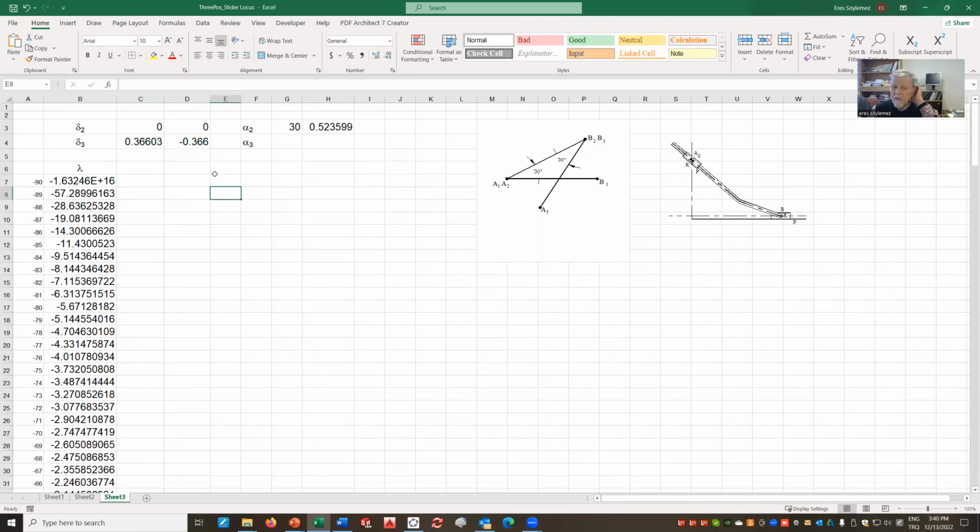Now, to determine the coordinates of the point on the circumcircle for each lambda value, I mark these two cells. This is the x component, and this will be the y component of the Z vector.